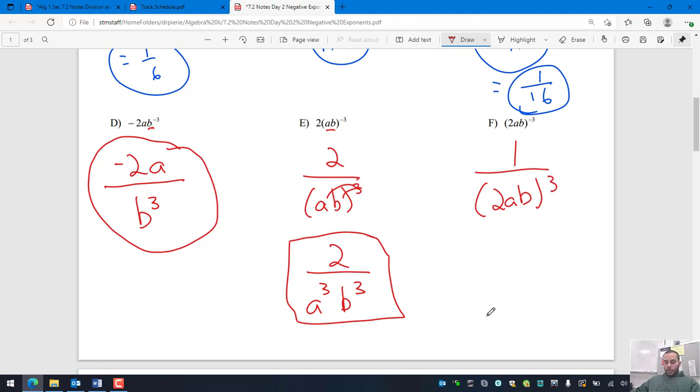We can get rid of the parentheses if we distribute this 3 to every single piece. Still 1 over 2 to the third power, a to the third power, b to the third power. Simplify this a little bit further. 2 to the third is the same thing as 8, a to the third, b to the third. That's the version written without parentheses.